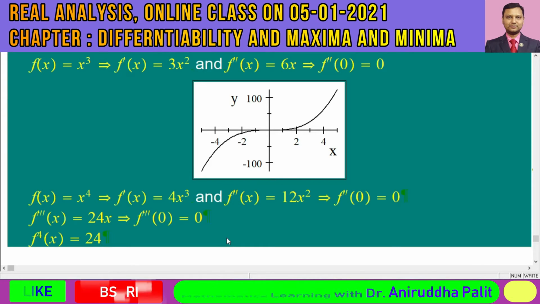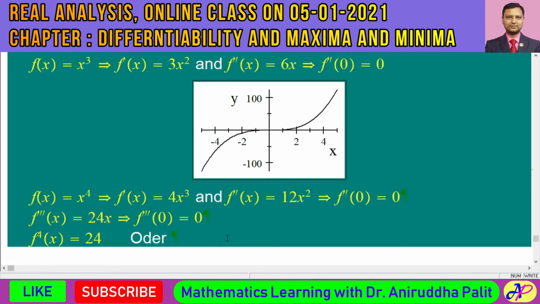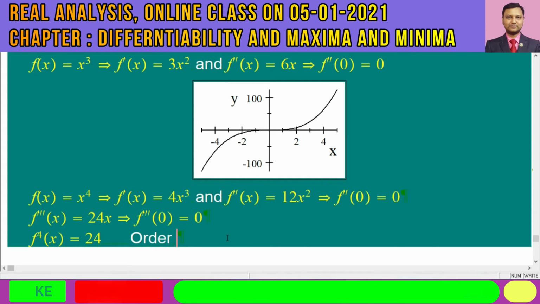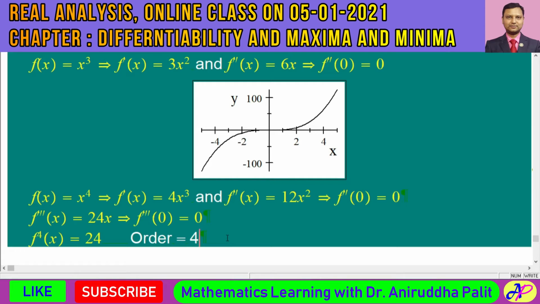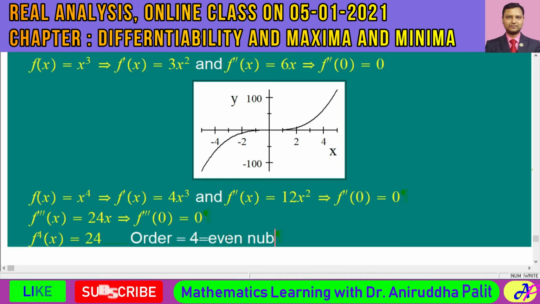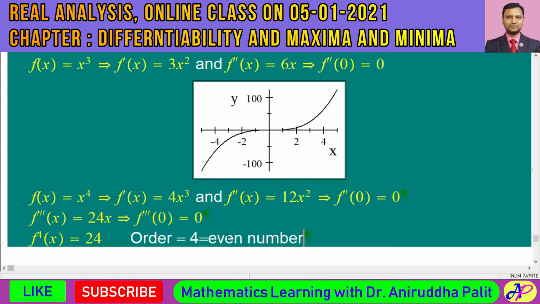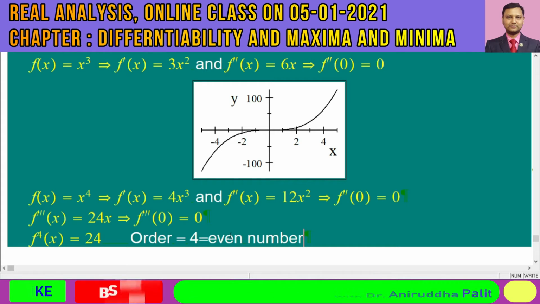So the order of the first non-vanishing derivative is equal to 4, and it is an even number. Therefore, as it is an even number, we can now make a definite conclusion regarding its maximum value or minimum value.